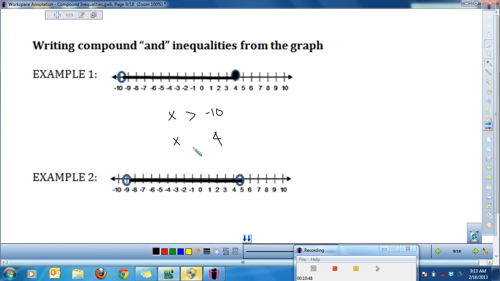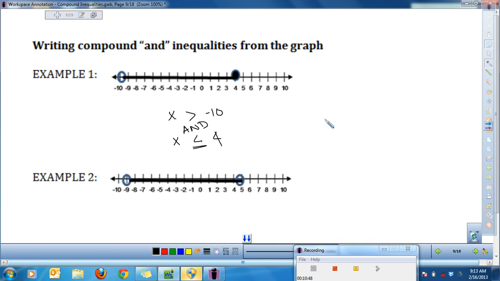I know this one is going to include the equal to because it's a closed dot. In order for this one to be shaded this way and cross here, it would have to be a less than. If we want to write these two, we have to write X is greater than -10, and we need to put the word and, X is less than or equal to 4. We know it's and because they cross here, they intersect.